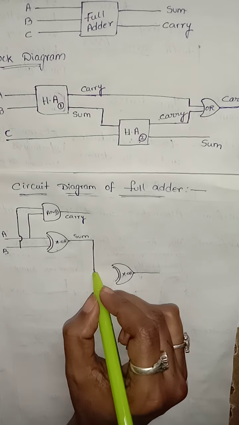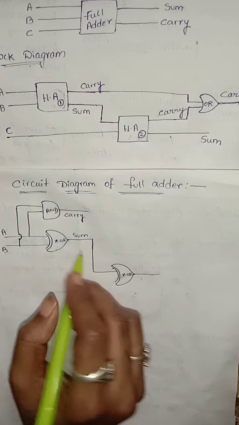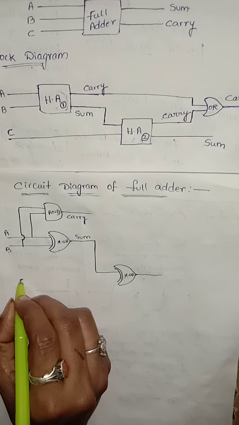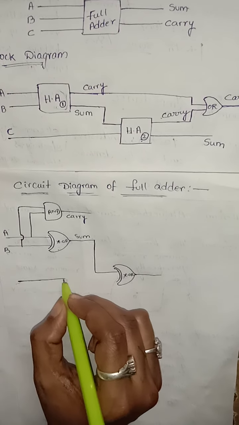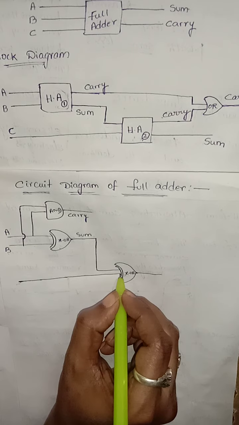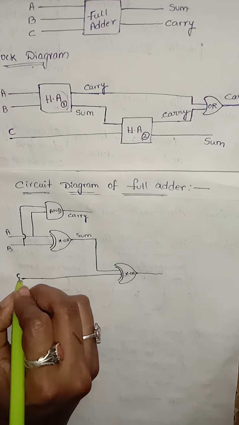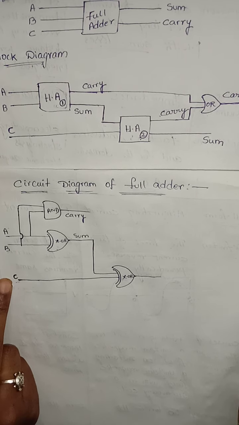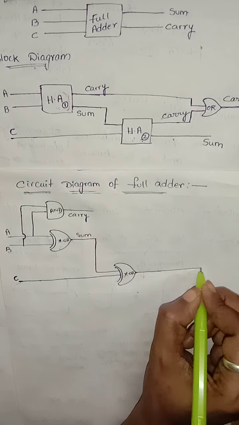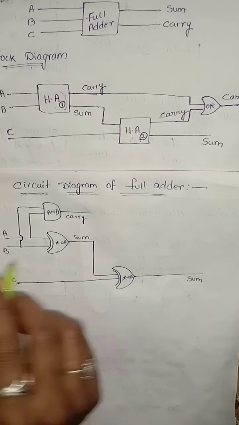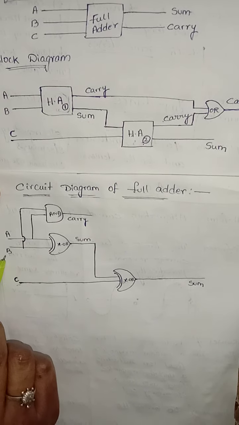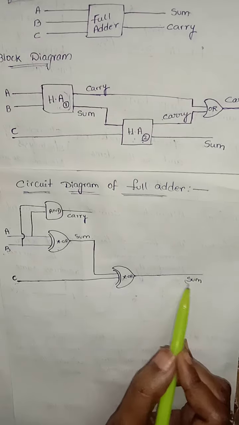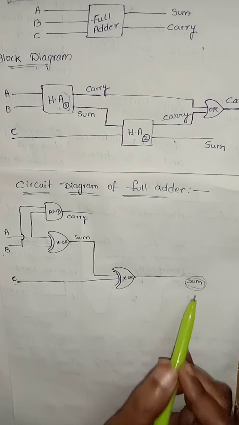One input is the sum of the first half adder and another input is the third input C. It gives the final sum of adding A, B and C.